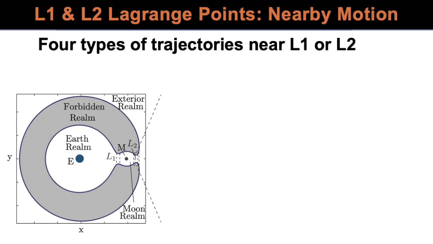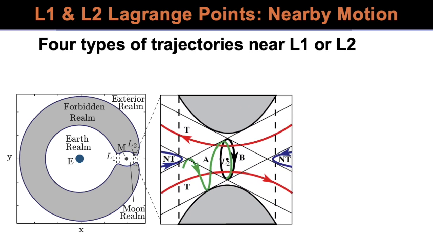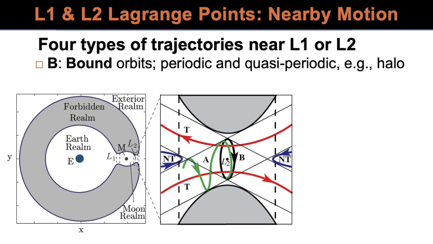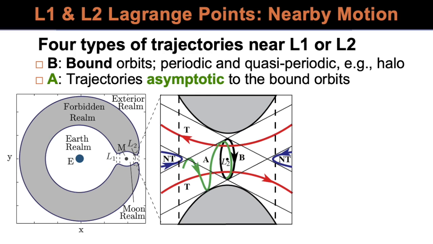Based on that, we can actually work out that there are 4 different types of trajectories near L1 or L2. I'm just showing schematically what they are here. We've got bound orbits. These are orbits that are either periodic or quasi-periodic. For example, halo orbits would be here, or Lyapunov orbits. Then we've got trajectories I'm showing in green that are asymptotic to those bound orbits.